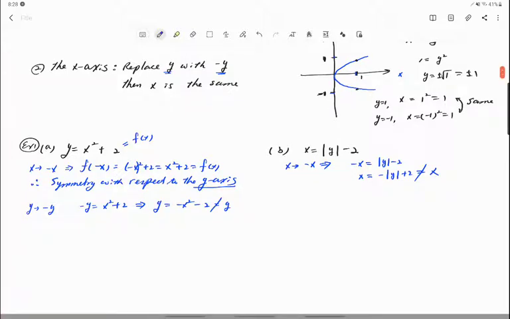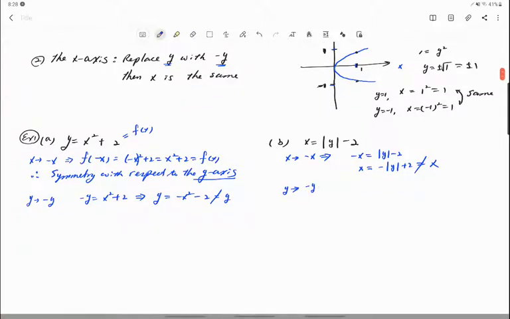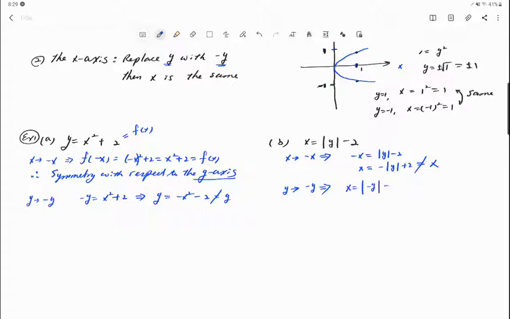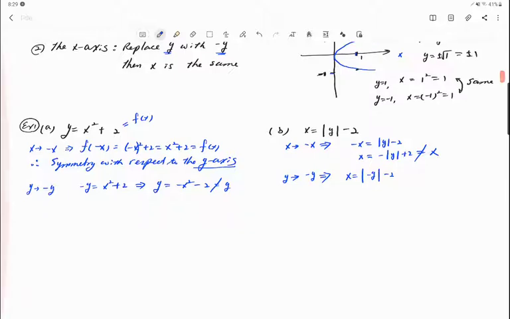So let's try replacing y with negative y. Then x equals the absolute value of negative y minus 2. Then the negative can go outside, but it becomes positive, right?